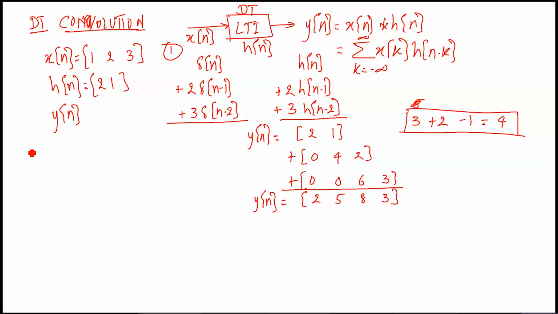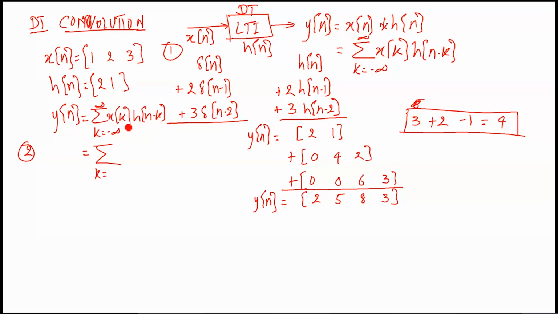The other method, which we have done so many times, is using the convolution sum equation, k equal to minus infinity to infinity, x of k h of n minus k. The first thing we need to know is the limits for k, where it starts and where it ends.